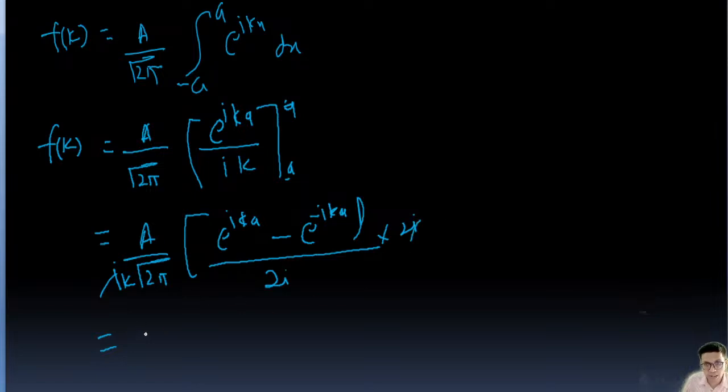So this value is going to be 2a upon k root 2 pi, times sine ka. So the value of f(k) is 2a upon k root 2 pi sine ka. So this is the value.